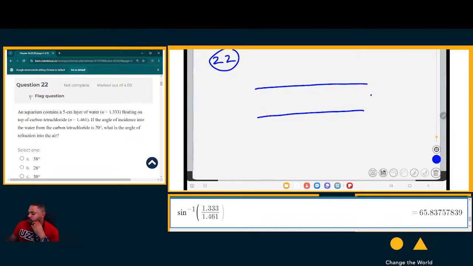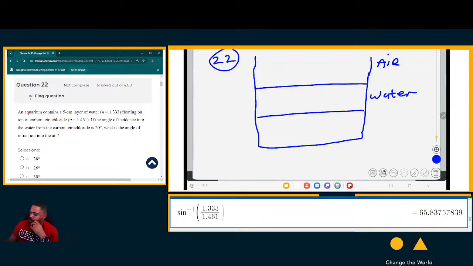So here we have water. This is in an aquarium. This level is water. Here we have the aquarium with air. And here we have the carbon tetrachloride.